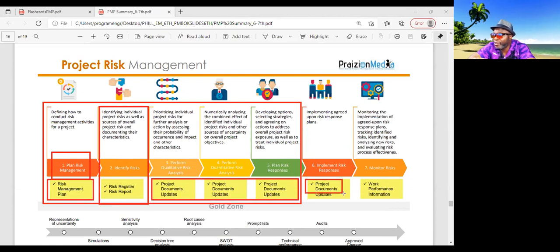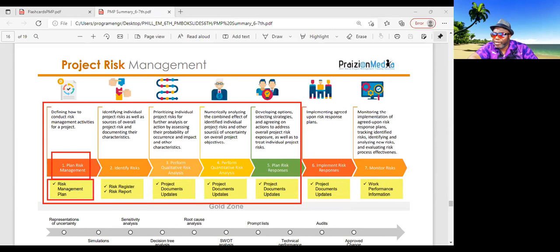There's nothing new in addition to the risk register, risk report, risk management plan, which is one of the things that makes the outputs here easy. But as far as the minutia, as far as what you're doing, you got to understand that in identify risk, you're looking for the risks and also the cause and the effect of the risk. When you take a look at qualitative, you're not looking at the monetary impact, you're just looking at high, medium, low, or is it yellow, green, red, that kind of qualitative stuff.